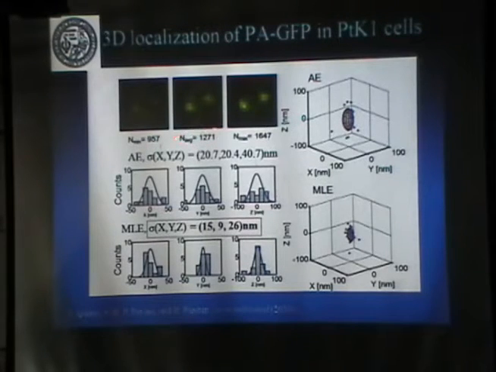So here we have a molecule. These are typical numbers, 1,000, 1,500 photons per molecule that you get. For one molecule, if you use this estimator, we got 20, 20, 40 standard deviation, sigma. If you use this method, you can get 15 instead of 20, and 26 instead of 40.